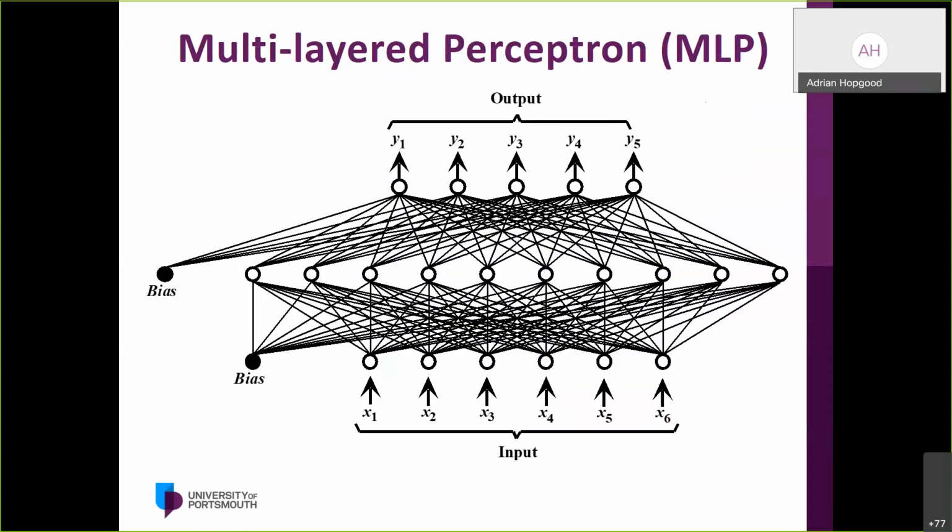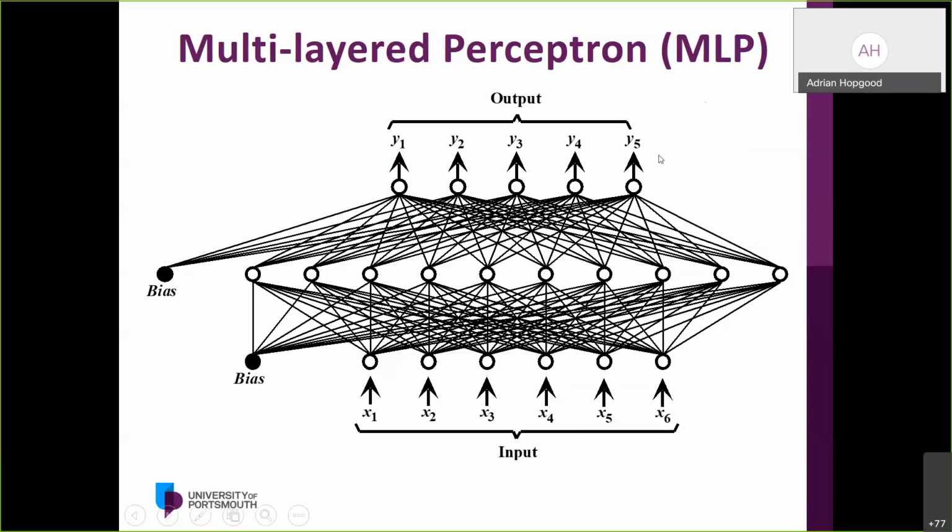What the processing neurons do, in this middle layer here, the so-called hidden layer, is take the sum of their inputs, pass it through a simple function called the transfer function, and then send that out upwards towards the next layer, in this case the output layer. So all the neurons are doing is summing the inputs, passing it through a simple function called the transfer function, and sending it on its way.